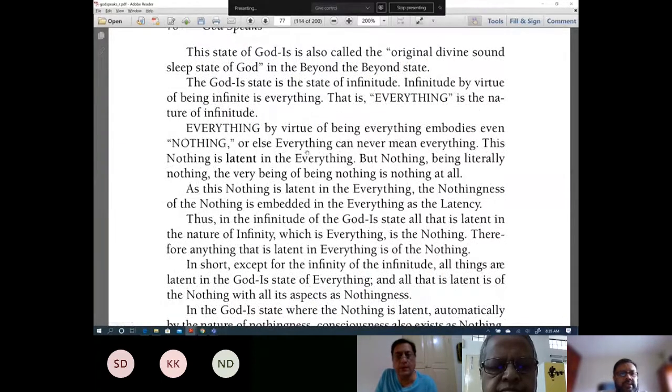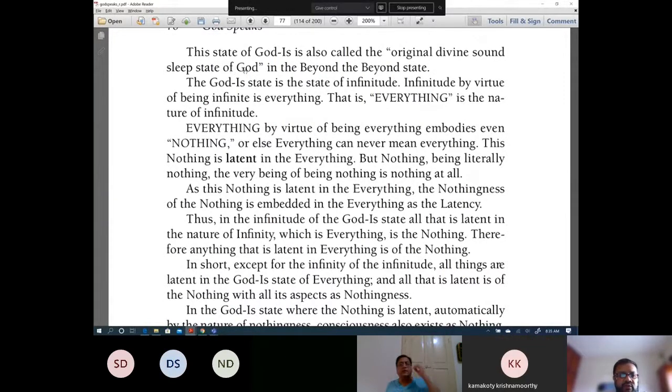This state of God is also called the original divine sound sleep state of God. There you go, Kama. In the beyond state, the God-is state is the state of infinitude, and infinitude by virtue of being infinite is everything.